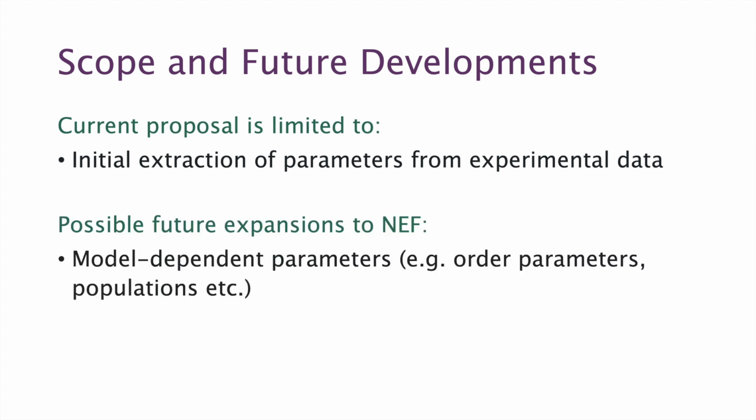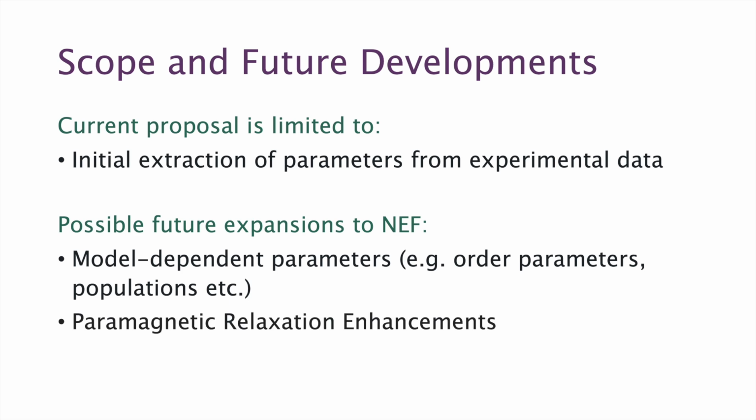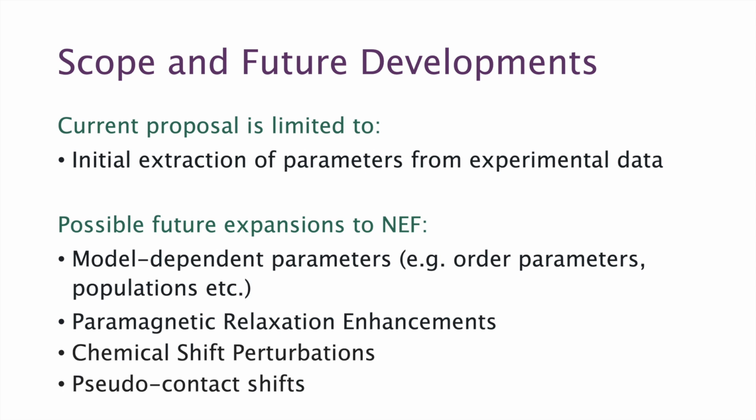But this certainly would be a very desirable next step. More broadly, if as a community we want to be exchanging and depositing more NMR data, we are also going to need to create NEF specifications for things like paramagnetic relaxation enhancements, chemical shift perturbations, or pseudo-contact shifts. If anyone wants to start working on these things, we'd be delighted.